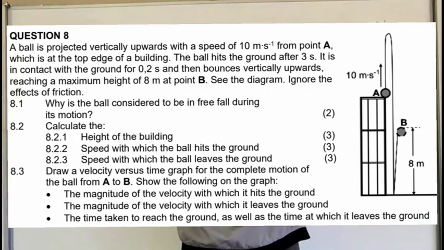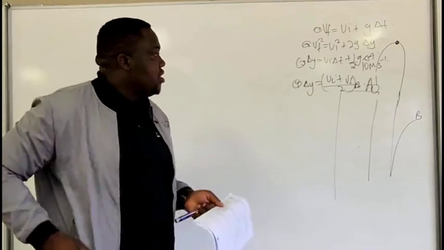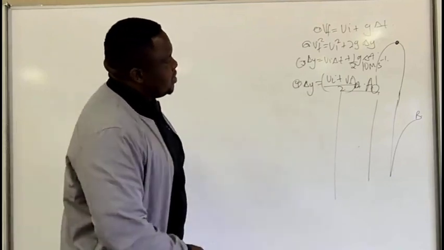Then Vf squared is equal to Vi squared plus 2g times change in Y. The third one is delta Y equals Vi times change in time plus half g times change in time squared. Then the fourth formula, delta Y equals Vi plus Vf over 2 multiplied by change in time. Okay, I think I've put everything in one place.